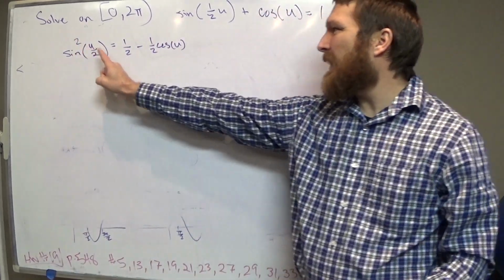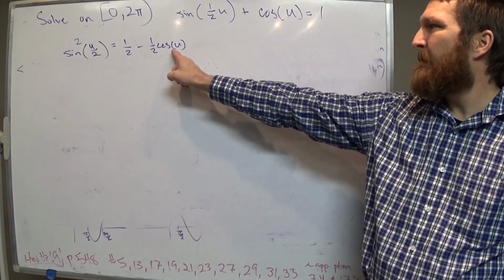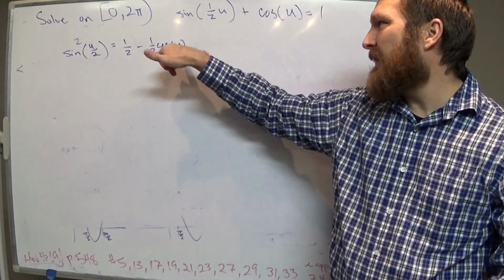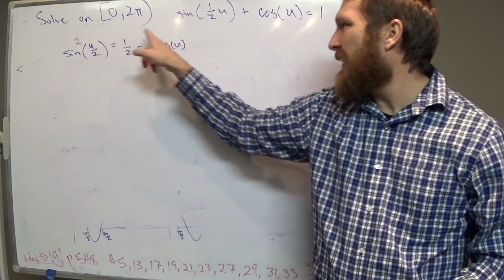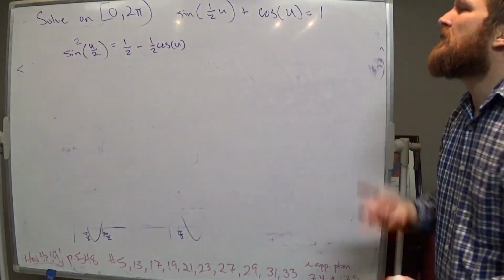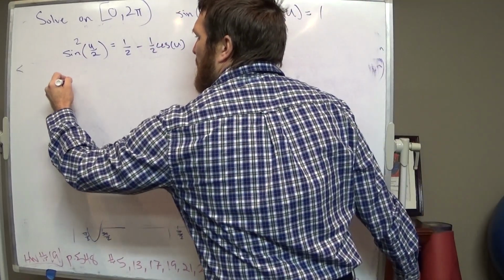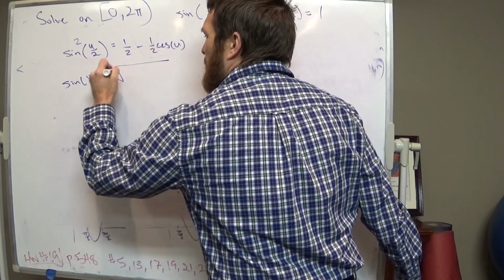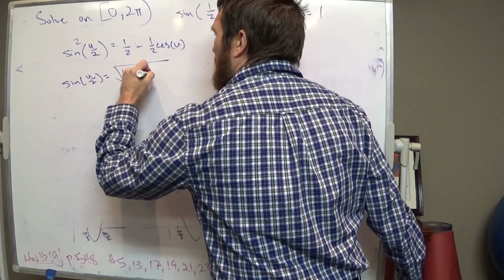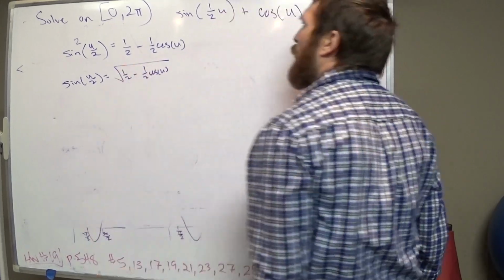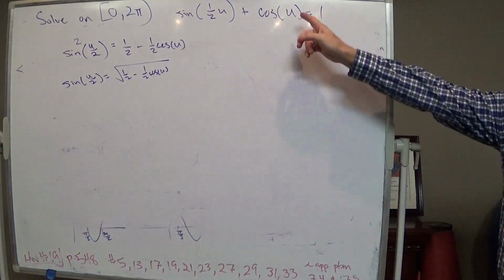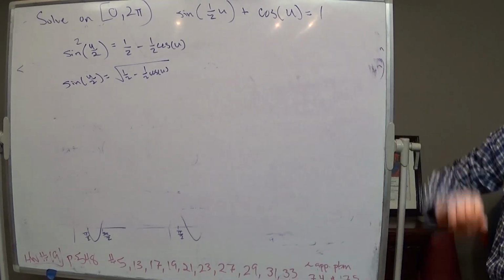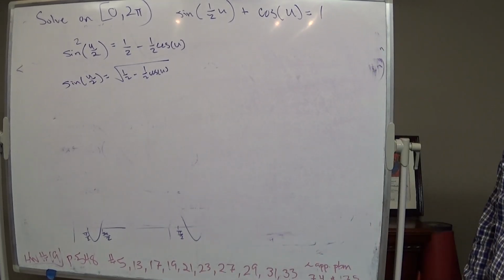Bring that down by half, or multiply that guy by 2 to bring that thing down by half. So we could say then sine of u over 2 is then the square root of that stuff. Oh, that's not how I did it. I got them both to sine 1/2 u. Because I thought that was easy. It probably is, because what we're about to do, then we'd have to square that out. I like that. Good thinking.